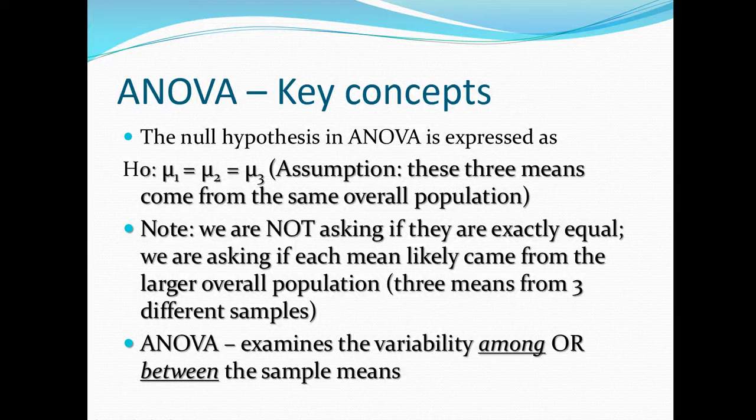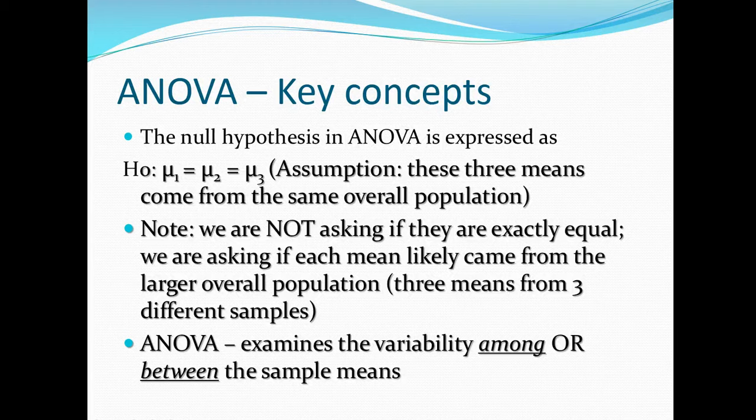ANOVA accounts for the total variance. So always remember that ANOVA accounts for all or the total variance. So it can detect statistically significant differences in the mean, whether it's the distance between mu1 and mu2, or mu2 to mu3, or mu1 all the way to mu3.